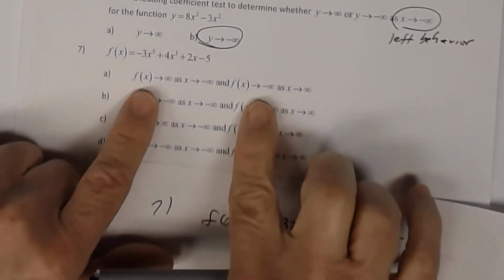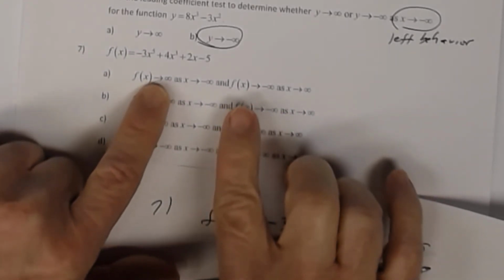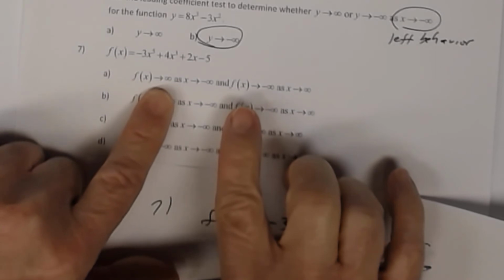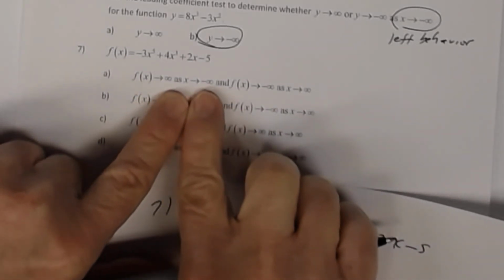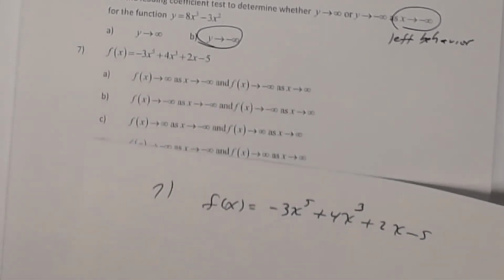Over here, though, you're looking at both. So as x approaches infinity, or negative infinity, what happens to the y value? Okay, so you're looking at both.